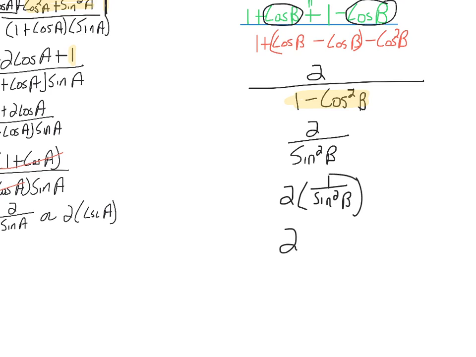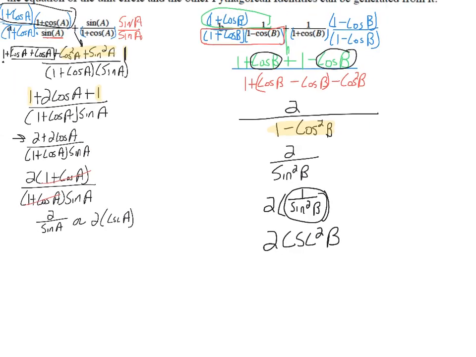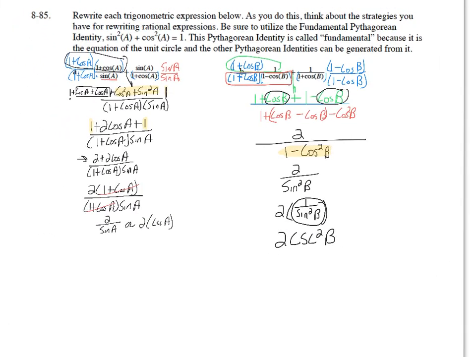And we know that this has a reciprocal function of cosecant squared b. These are the types of proofs and identities that we're working up towards. These are the things by the time we're done with this chapter, we're hoping you're able to prove.